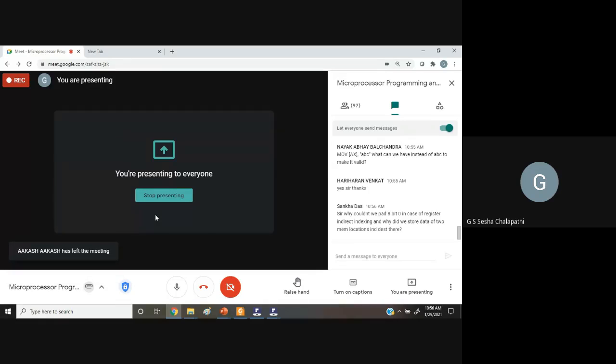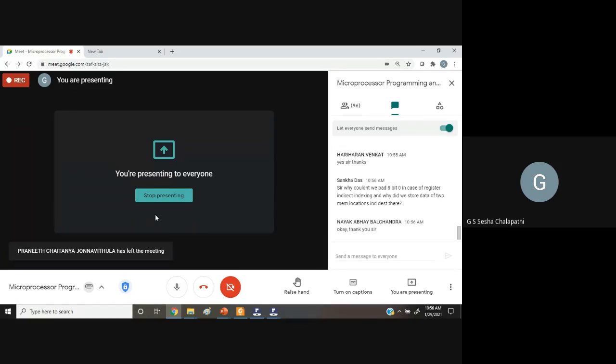Sir, why couldn't we pad 8-bit 0 in case of register indirect indexing, and why did we store data of two memory locations in the destination there? May I speak out my question? Yeah, sure. I'm not able to understand.